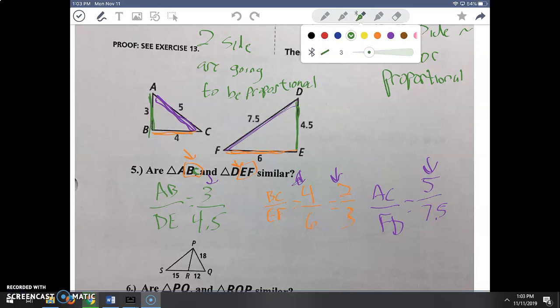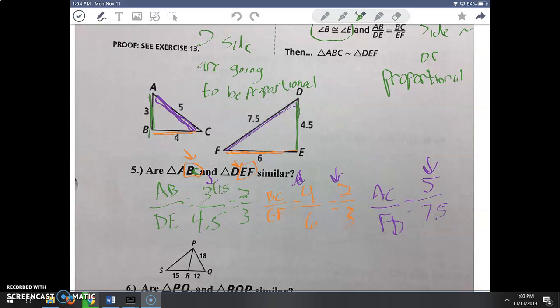So in the first one, yeah, it's 3 over 4.5, but that actually can simplify to 2/3. You're probably asking yourself, how's that possible? Well, 1.5 goes into 3 2 times, and it also goes into 4.5 3 times. So that's going to be 2/3. This one is also going to be 2/3.